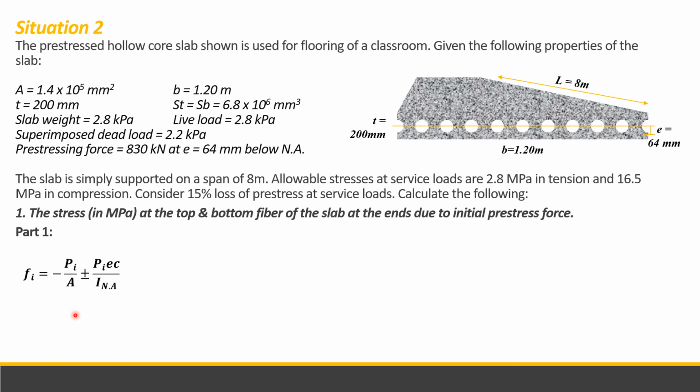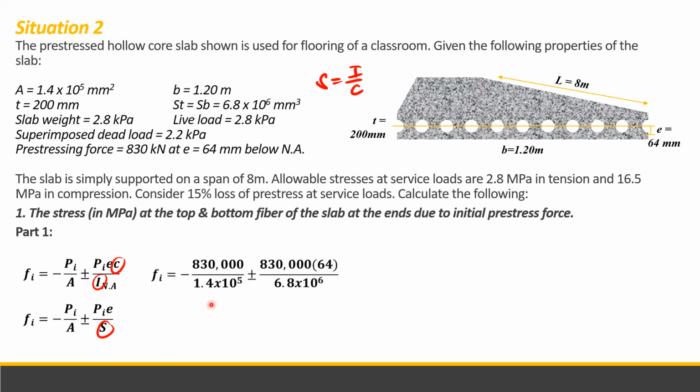The formula again is this. Since it is no longer a rectangular beam, the area is irregular because it has hollows, so we will use the original formula, P over A plus minus PEC over I. Since we are given the section modulus, we will use it. Section modulus is equal to I over C, so that becomes S.